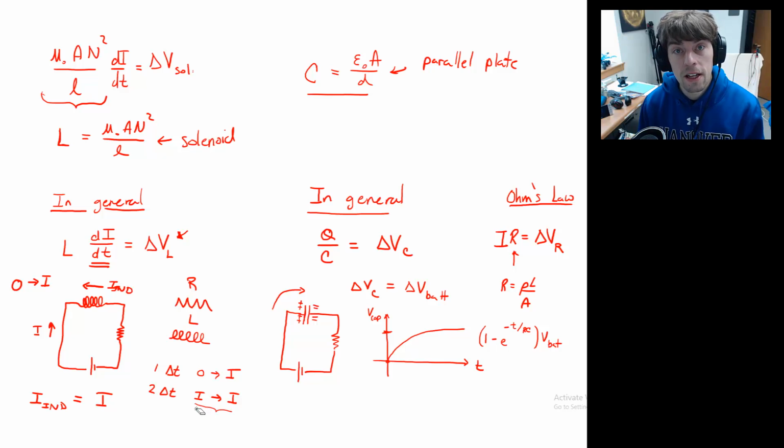In the next time step I'm not changing very much, which means that my change in I per time step is smaller, which means that my induced current is going to be smaller. And as time progresses, this induced current will get smaller and smaller and smaller until the induced current is 0.